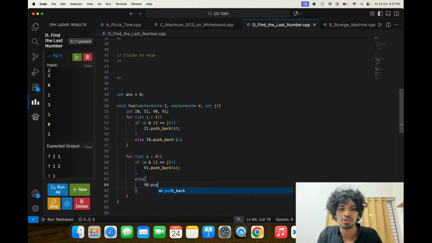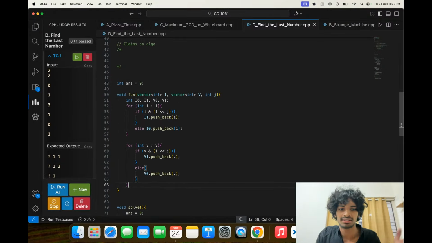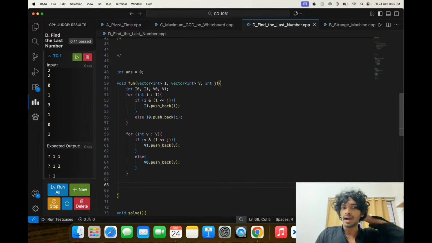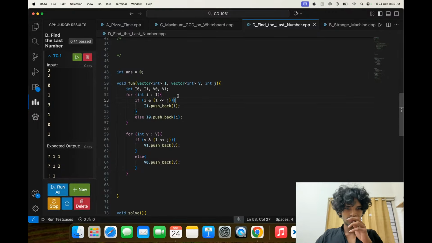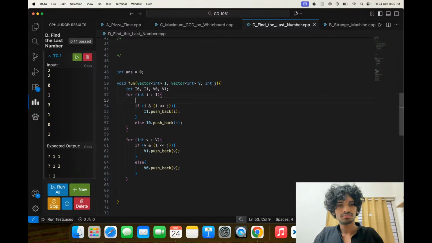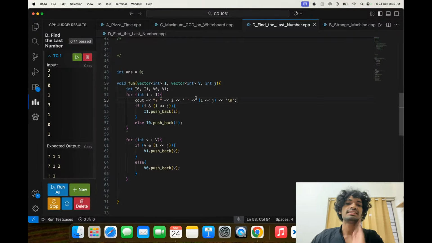Maybe there is a simpler solution, but I always get the divide and conquer idea in my mind, so I'll go further with it. Now I have to see if this bit is active or not.